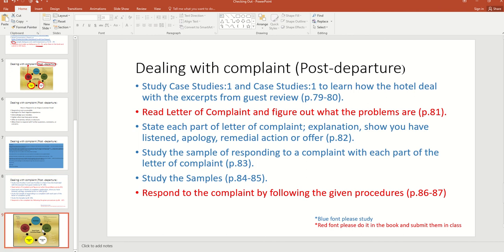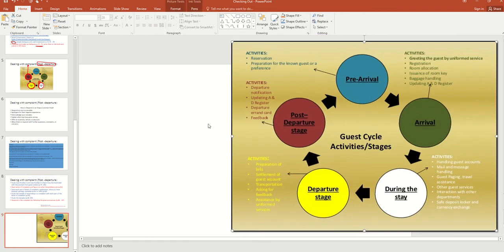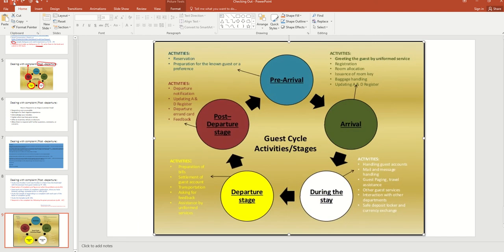Okay. So now we complete all 5 stages of the guest cycle according to the hotel business.